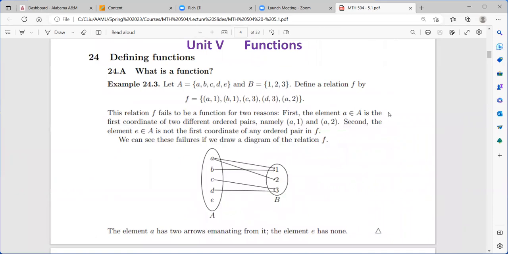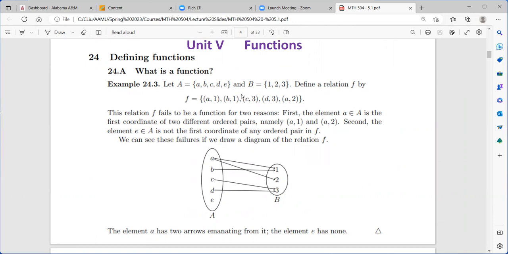Okay, so let's see another example. We have two sets A and B, and the set A includes 5 letters A, B, C, D, E, and the set B has three numbers 1, 2, 3. So we can define any relation between these two sets by the ordered pairs.